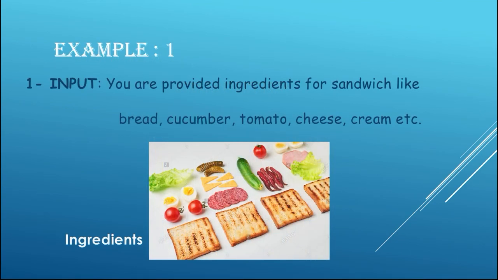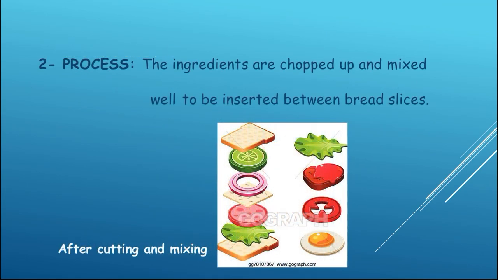For example, we have 3 examples. Number 1 is input. You are provided ingredients for a sandwich. For example, you want to make a sandwich. First of all, you'll get ingredients like bread, cucumber, tomato, cheese, cream. This is input. Then the process is cutting, chopping, making slices of bread and putting them in order into a sandwich.